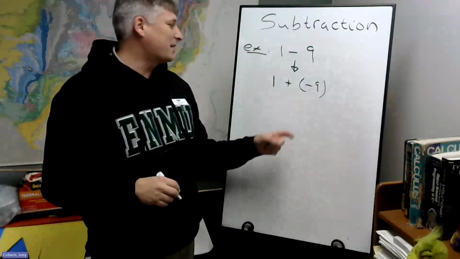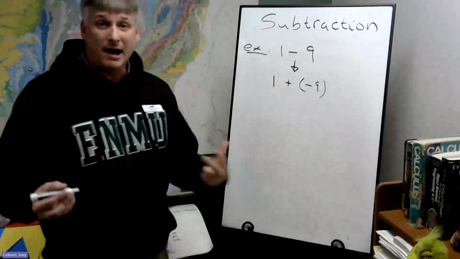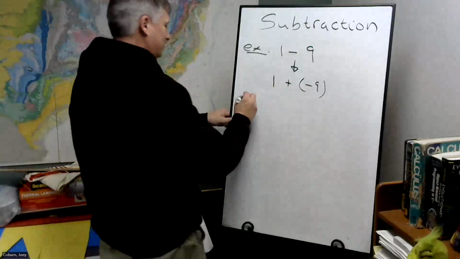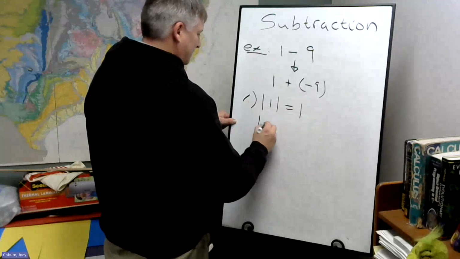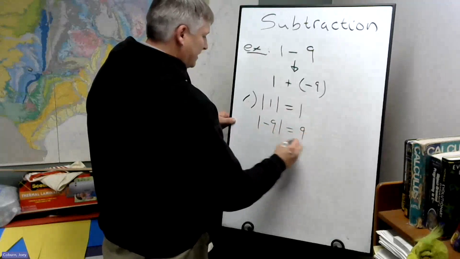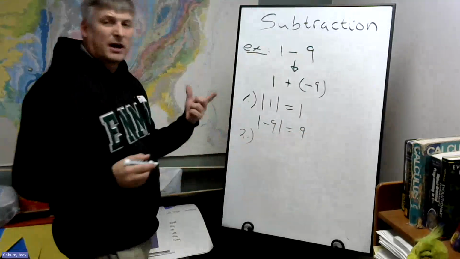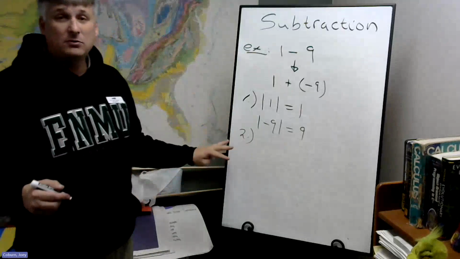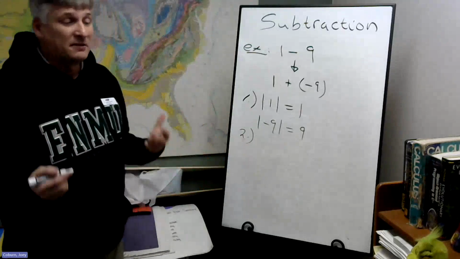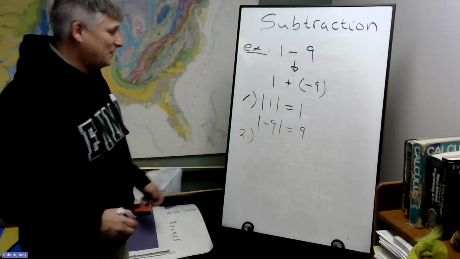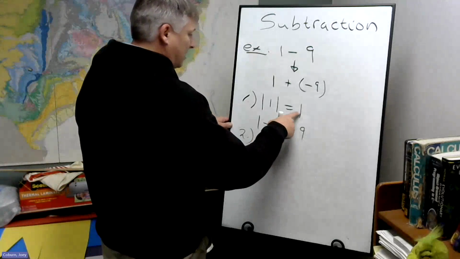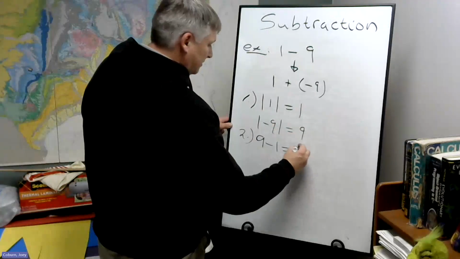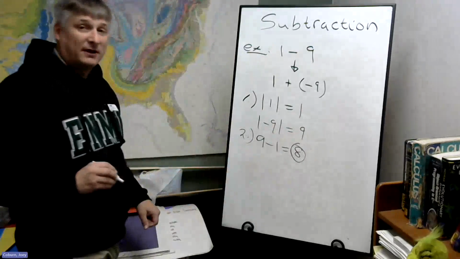They have different signs. This is a negative and this is an implied positive. So absolute value of 1, absolute value of -9. For both these procedures, we start out step 1's the same. Step 2, things are different. Step 3, things are different. So for this one, we subtract, and it's the smaller subtracted from the larger. Get a preliminary answer of 8.